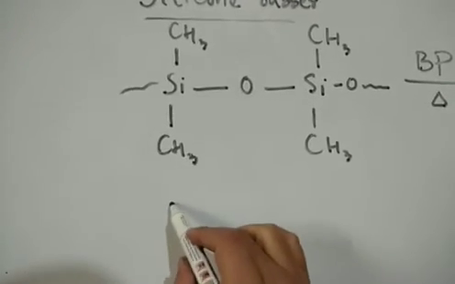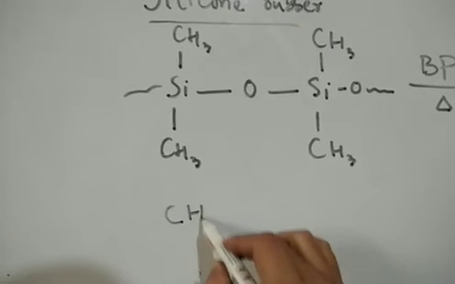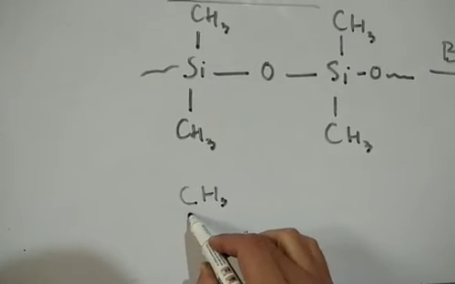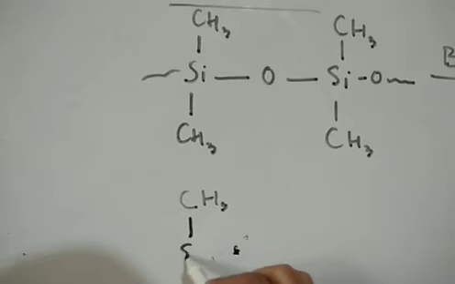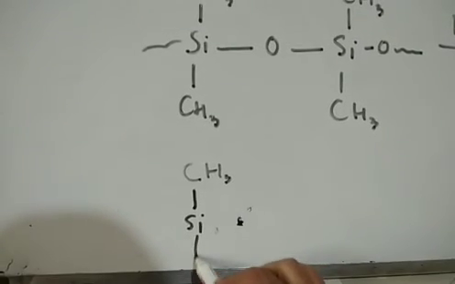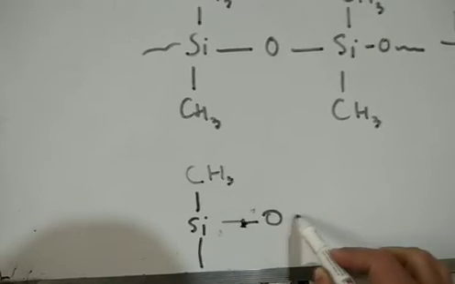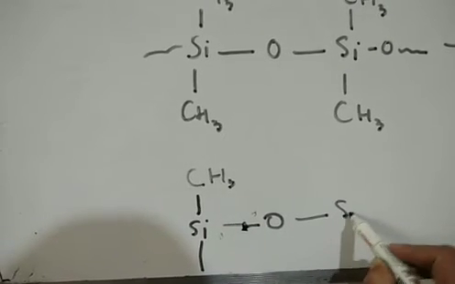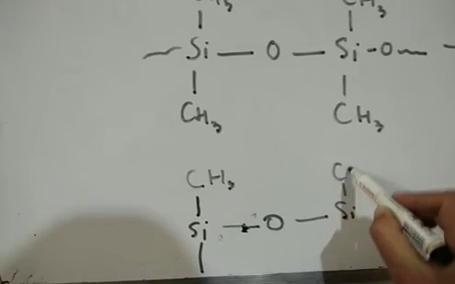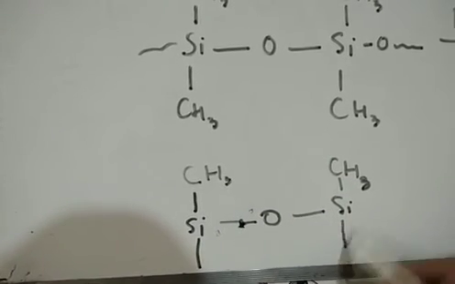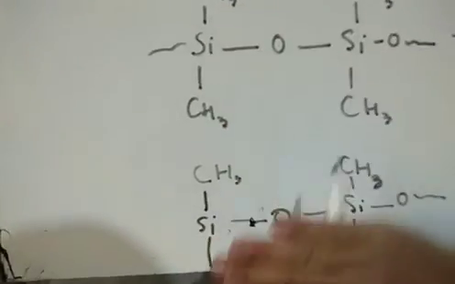I will make another unit so that will give us the idea what this benzoyl peroxide actually does. So this is CH3 of the other unit here that I am not showing. This is the other chain of silicone rubber. So these are two chains, one and one chain.